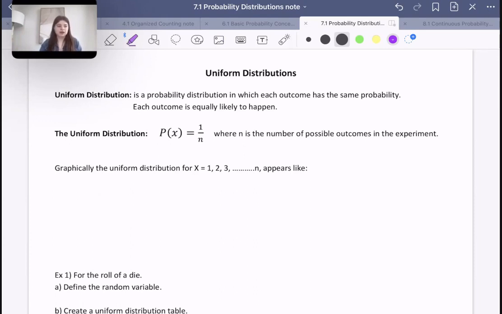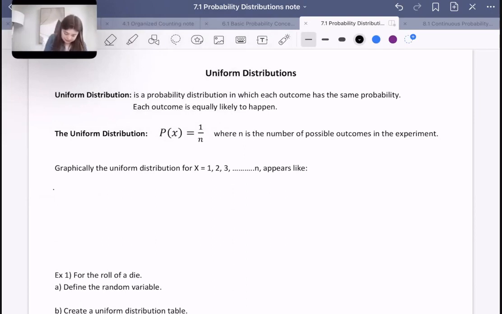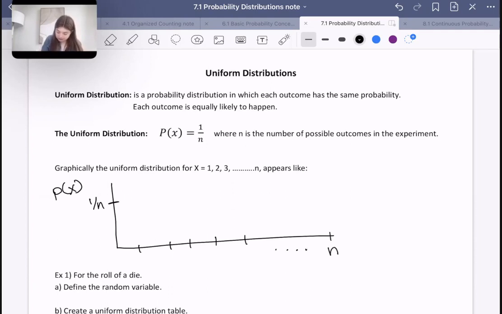Everything needs to be even and the same. So here it says graphically, the uniform distribution for this case looks like this. I'm going to draw this as an example here. Let's say here's our probability, 1 over n, and we have 1, 2, 3, 4, 5, and then all the way to n.